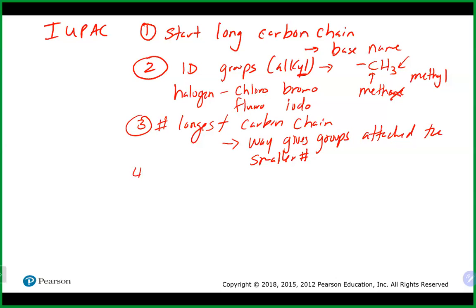Lastly, once we got the numbering down, obviously it has to be numbered only one way. You can't mix and match. So whichever way you choose to number is the way that you need to number. And we want to put all of our groups first with their number in alphabetical order.